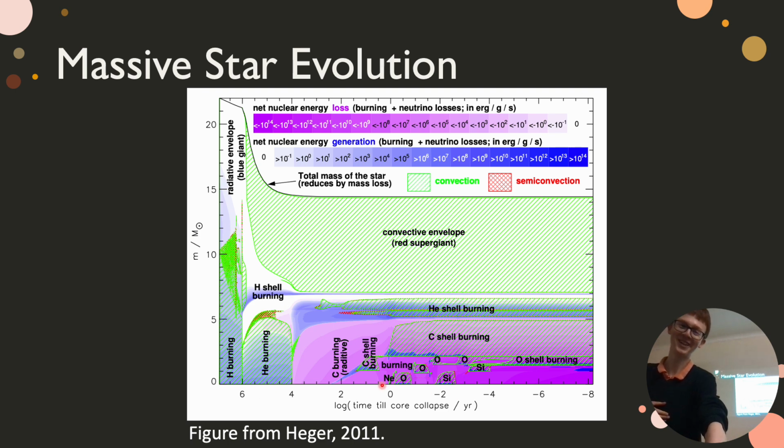The reason why we use log of time left is because it's the time between the end of the star's life, which is what we're interested in, and where we are now. The beginning is very difficult to model, especially this proto-star.